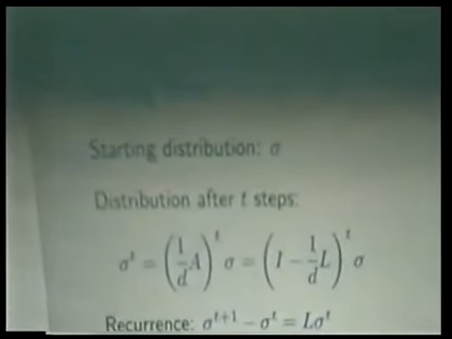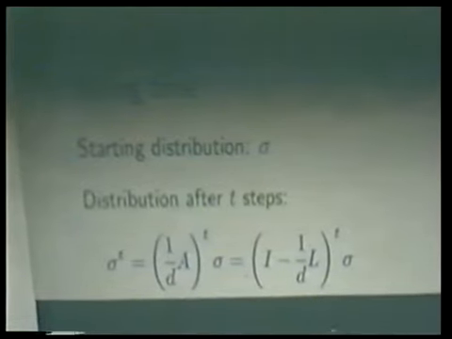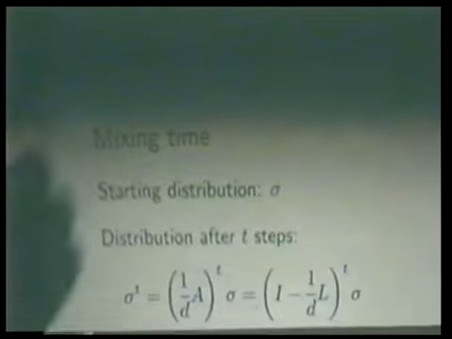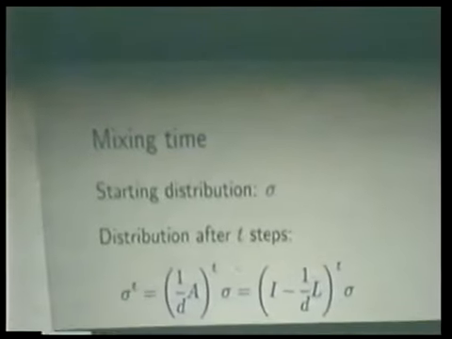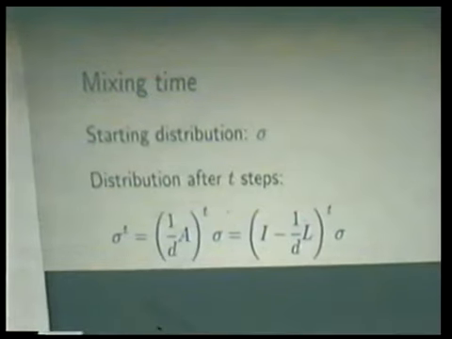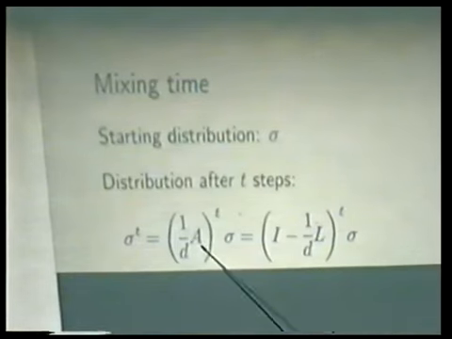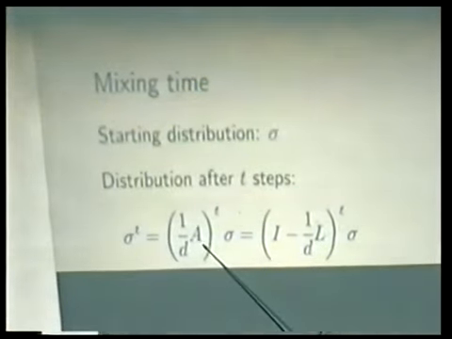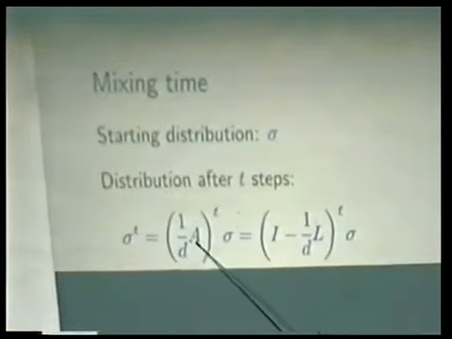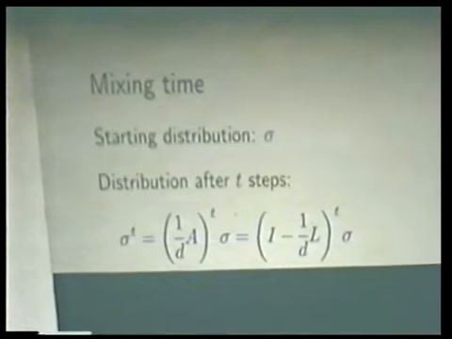So if you start with a distribution sigma, then the distribution sigma_t after t steps can be obtained. It's just simple linear algebra. You take the adjacency matrix of the graph and scale it down by the degree. The t-th power of that applied to sigma gives you the distribution after t steps.